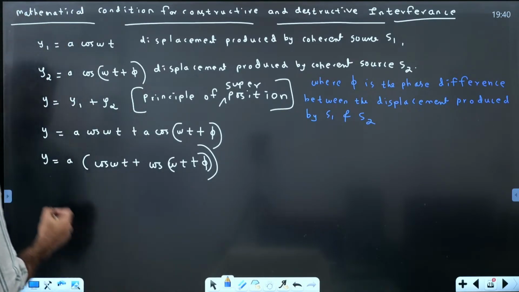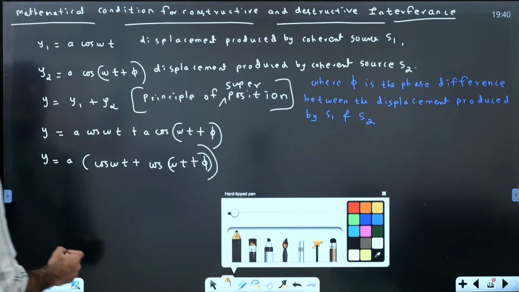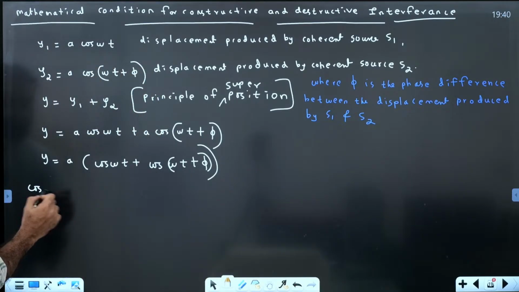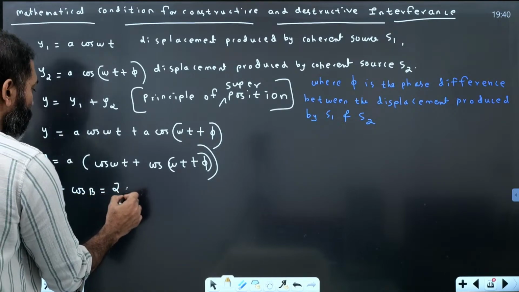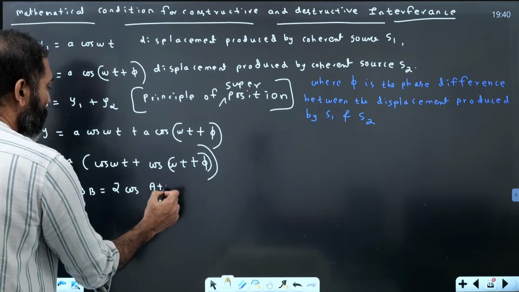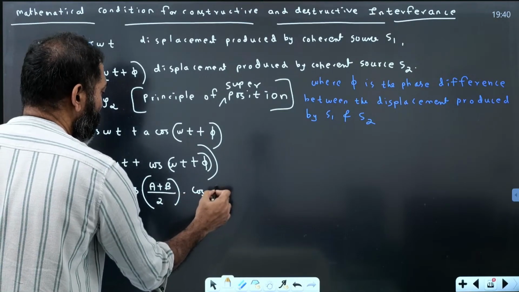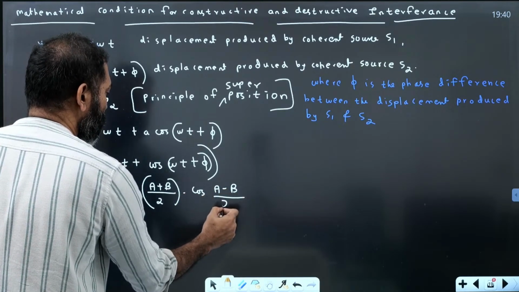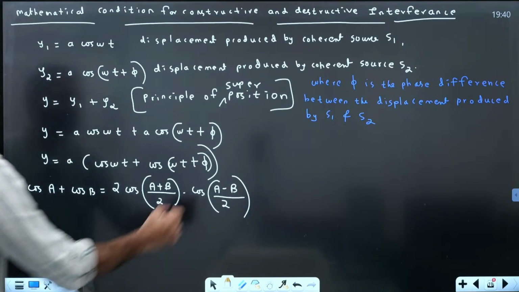So we know that cos A plus cos B is equal to 2 cos of (A plus B) by 2 into cos of (A minus B) by 2.